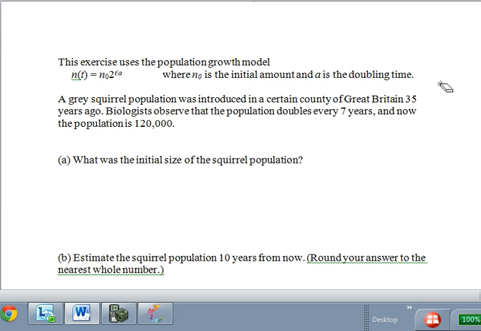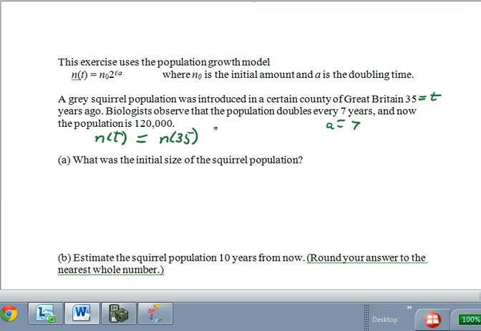So in this case, we are given that t equals 35, a, which is the doubling time, equals 7, and n of t, which is n of 35, is equal to 120,000. And so now it's asking us what's the initial size of the squirrel population.